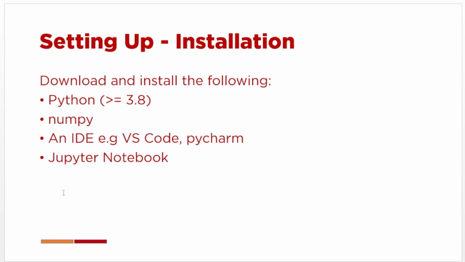And then you would need to install NumPy. You also need to install VS Code, and then also you need to have Jupyter Notebook installed. You can use the VS Code extension to do that. We'll look at how to do all of these things here.